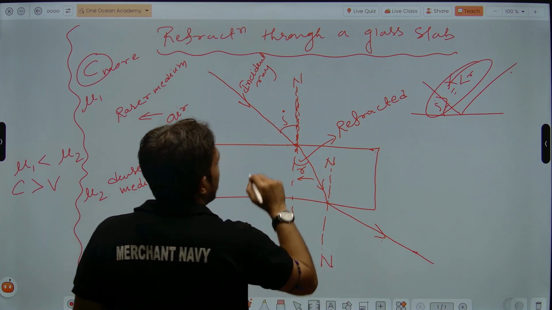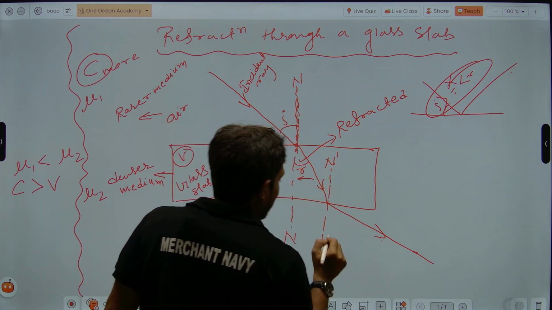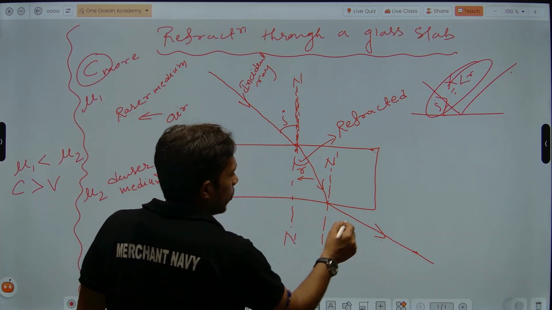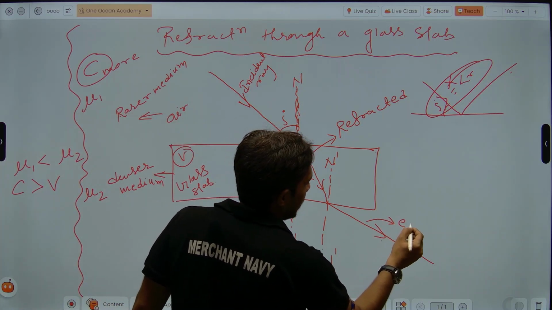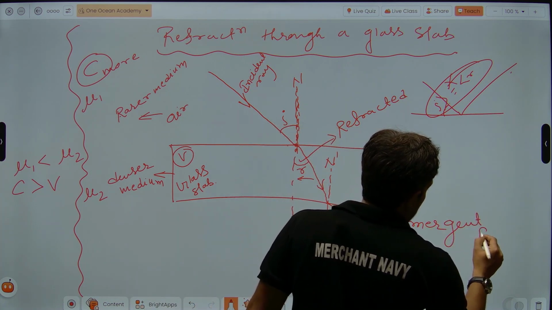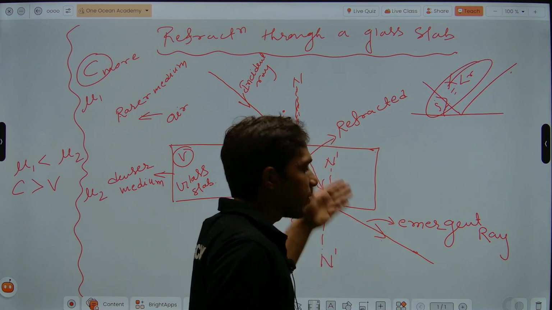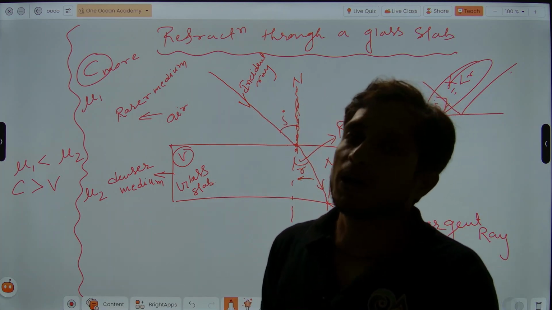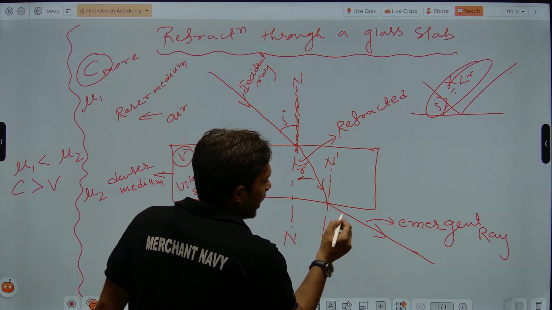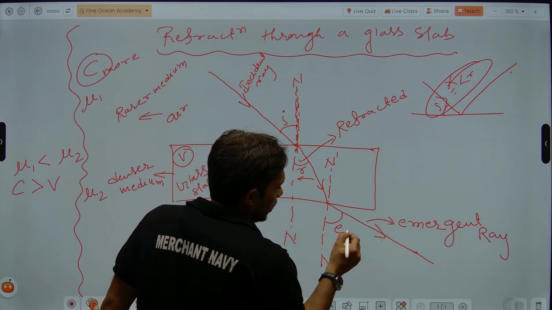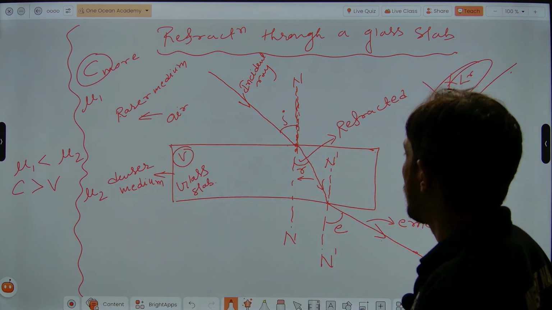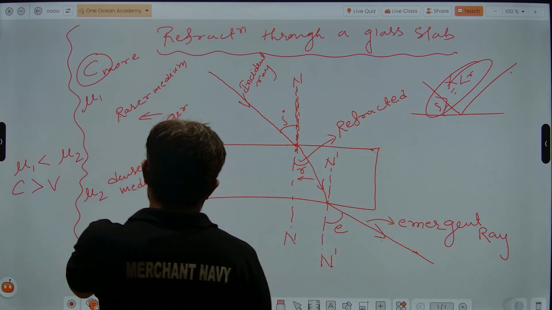Let us say n dash. So it is also a normal. This is the emergent ray, because it is emerging from the glass slab. The angle between the normal and the emergent ray is called the angle of emergence.